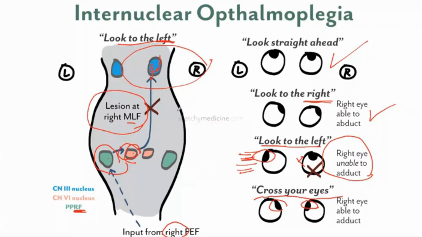So convergence uses another center and another pathway other than the MLF, so the eyes are able to adduct. But when we ask the patient to look to the left, and we are now utilizing the right medial longitudinal fasciculus, the right eye is not able to adduct.